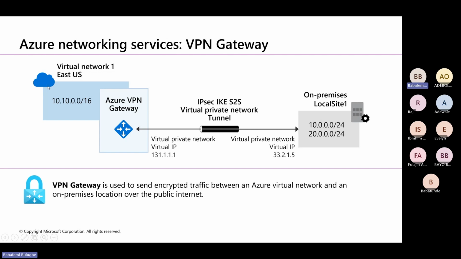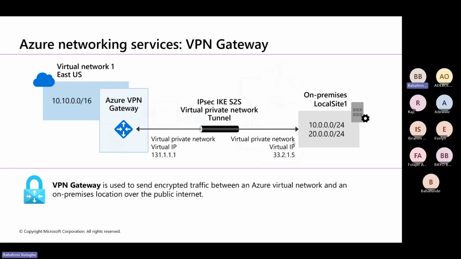So we have the cloud environment, then we have this connection from your on-premises through what we call a VPN, which is a tunnel. So this tunnel, which is the VPN gateway, makes the connection happen between the cloud and the on-premises environment. As you can see here, VPN gateway is used to send encrypted traffic between Azure and on-premises over the internet.